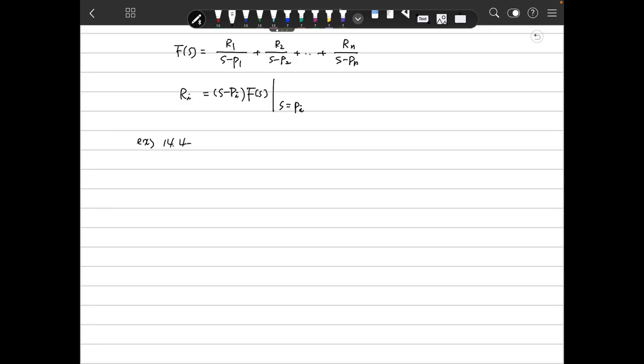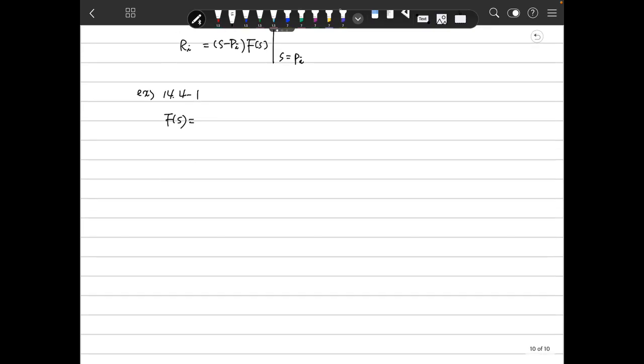I will give an example. Example 4-1. Let F(s) be (s + 3) over (s squared + 7s + 10). Then we will make this transfer function into the partial fraction expansion.